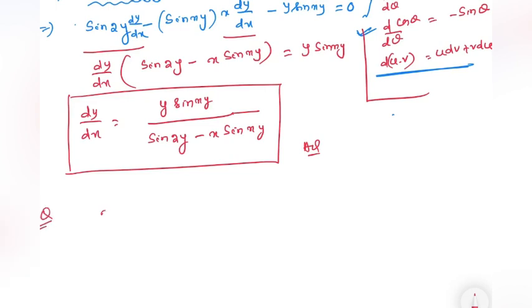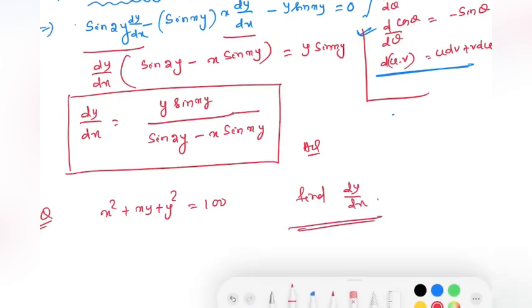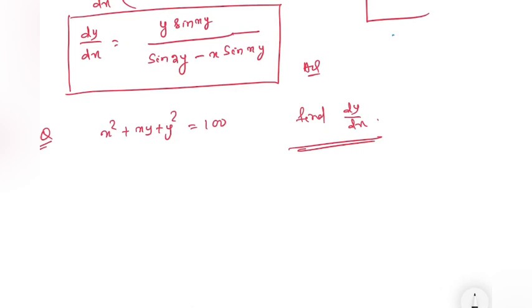Very simple question. x square plus xy plus y square is equal to 100. Find the derivative of y with respect to x. Same principle applied, differentiating both sides with respect to x. x square plus xy plus y square, again derivative of 100.